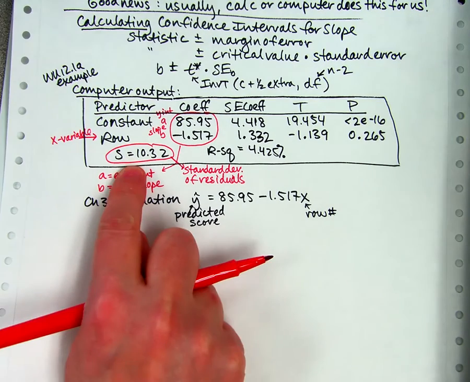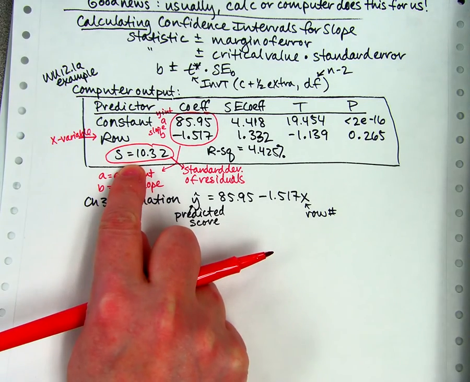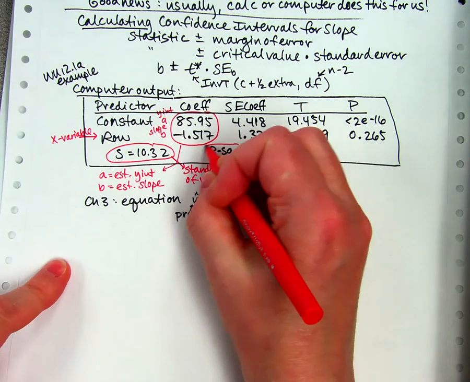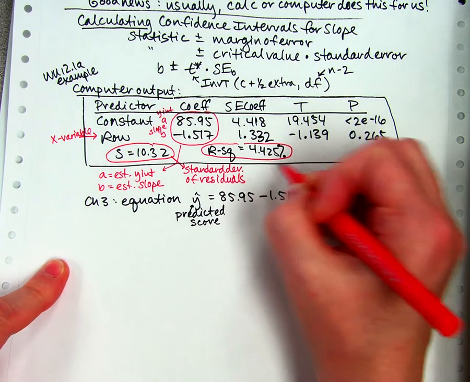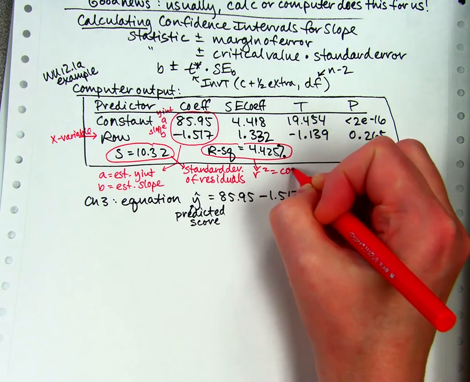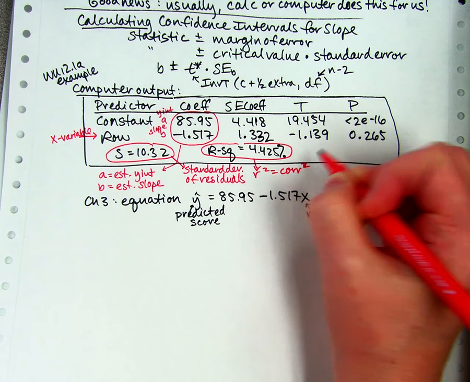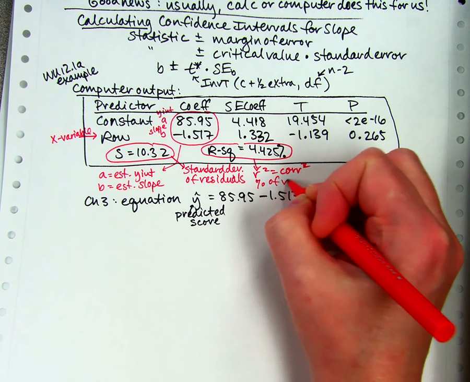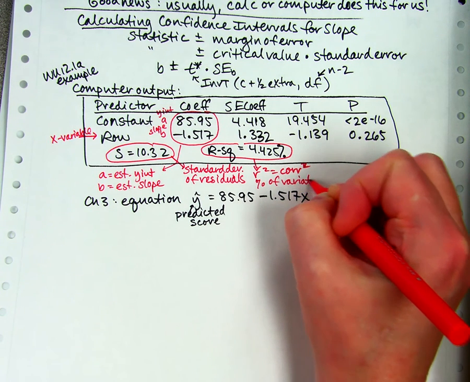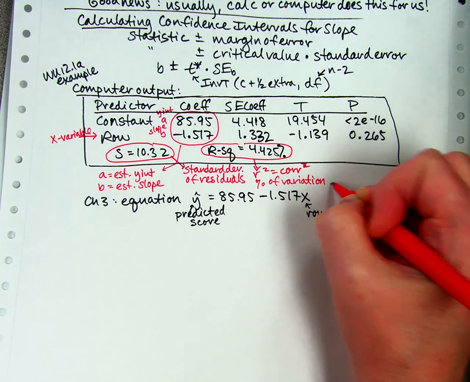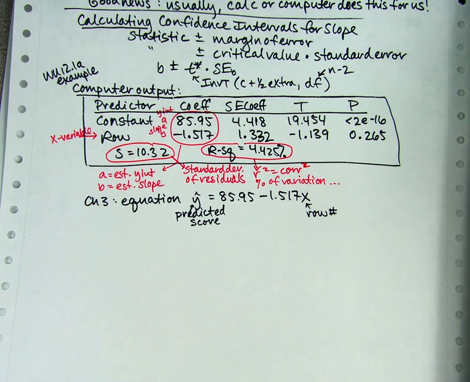So this is an estimate of the true standard deviation of residuals, which is called sigma. We also learned how to interpret R squared, which is the correlation squared. That is the percent of the variation in y that's explained by x. I hope you remember that, but it's not important for today.